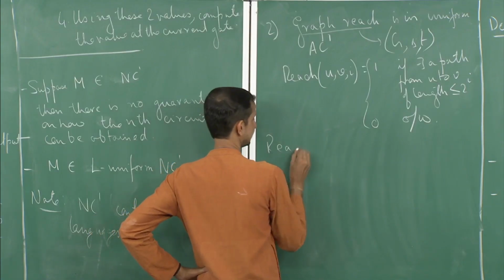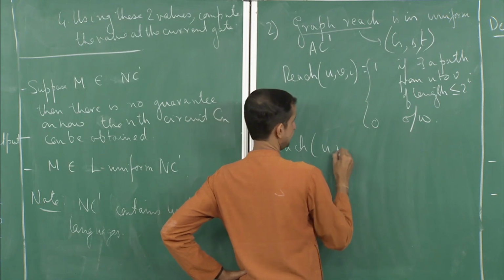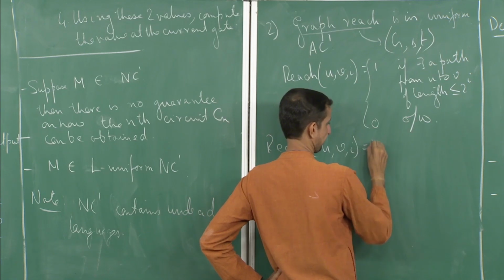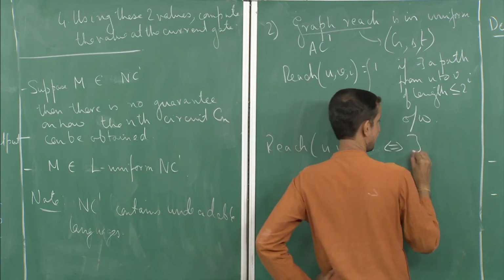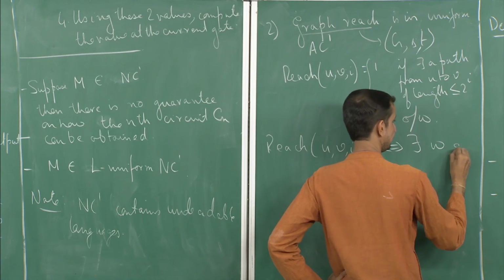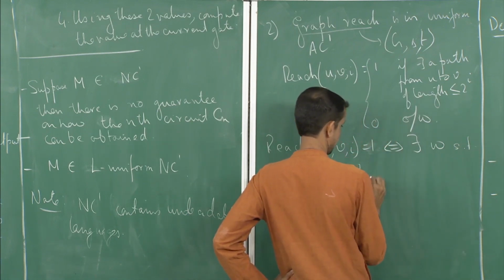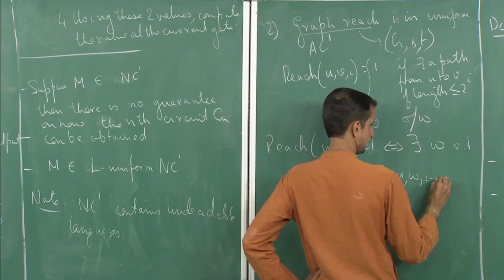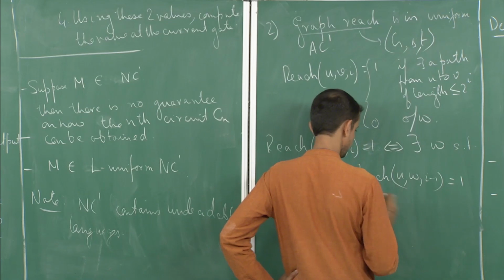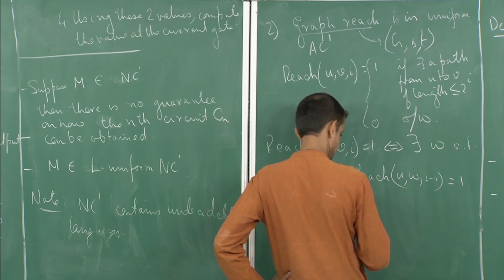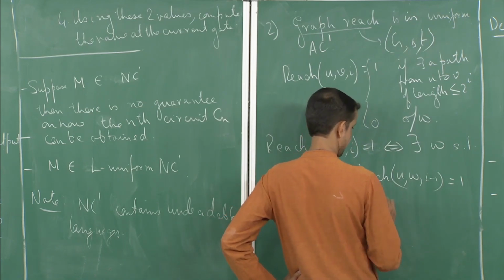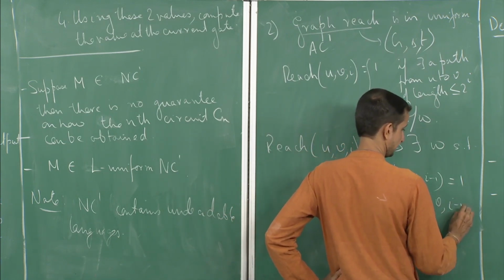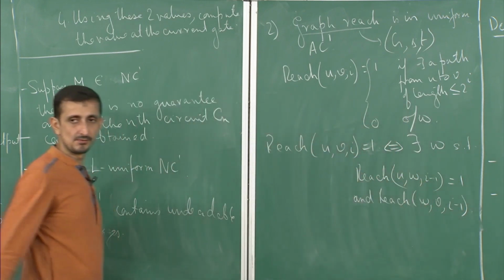So, reach U V I is true if and only if there exists a vertex W such that reach U W I minus 1 is true and reach W V I minus 1 is true.